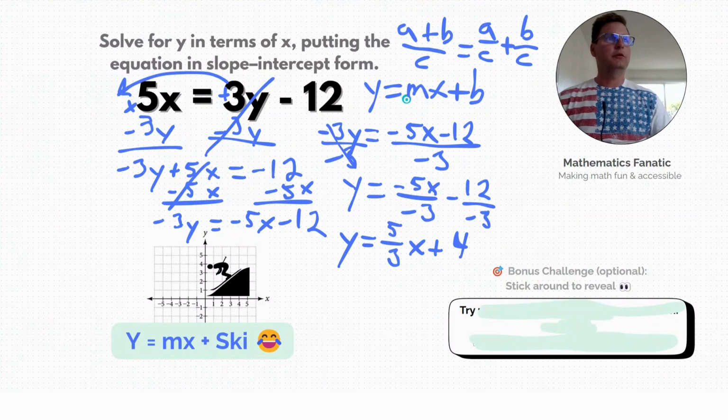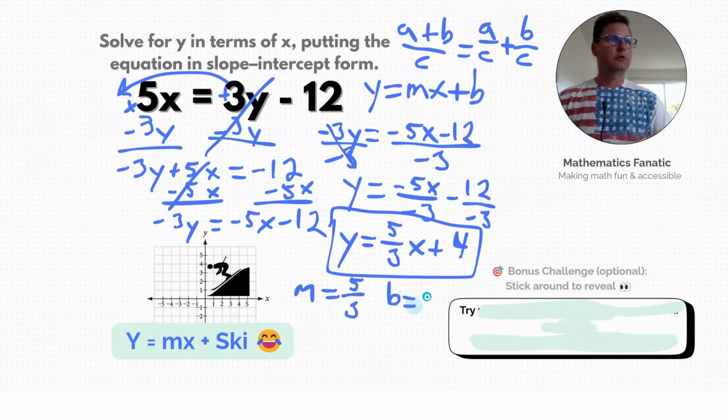So this now looks like this one, and we've officially put that in slope-intercept form. And then our m, or slope, is what? 5/3. And our b, or y-intercept, is 4. All right. Okay. We did it.